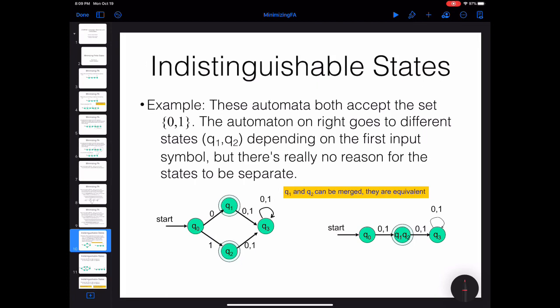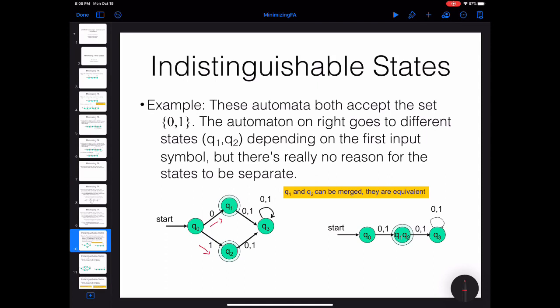So look at this DFA. If you look at this finite automaton, you can see that clearly it is going to accept the language with only two strings, 0 or 1.